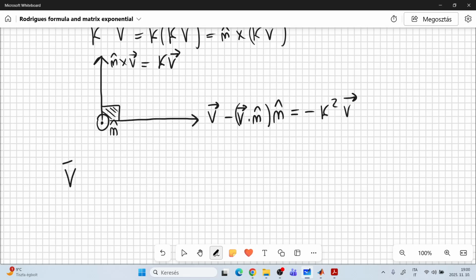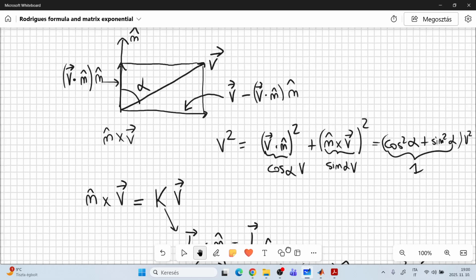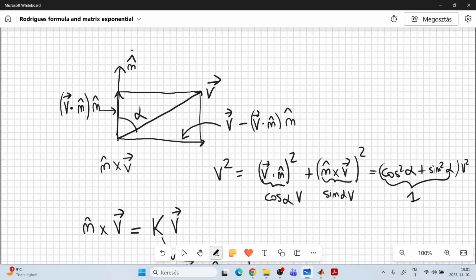So I will write v prime, the rotated vector. So this will be the vector after the rotation by some angle theta. And that's the rotation around, let me repeat it, the vector n. So we want to rotate v around n by an angle theta.